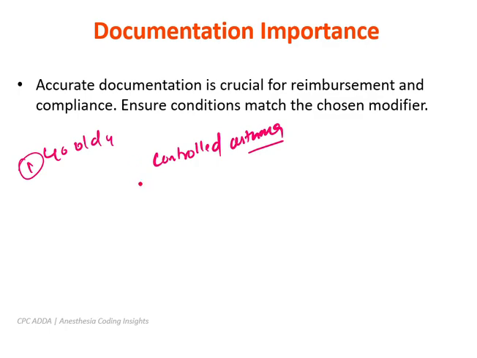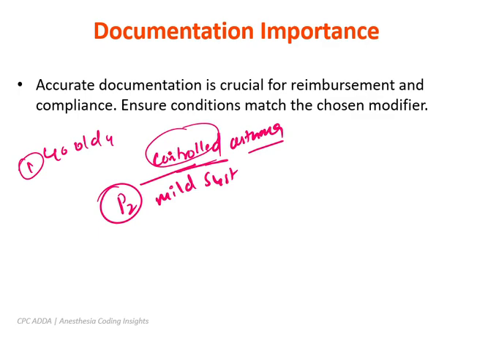So here what physical status modifier can you utilize? That is P2, because it is a mild systemic disease, right? Controlled, you see, it is under control, so you can give it as mild systemic disease, modifier P2, right?